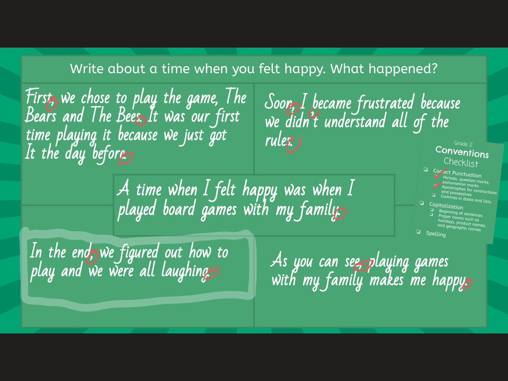So we have our transitional phrase, right? And then we have a subject, we, verb, figured or figured out, and then that's the predicate, how to play. And then we have our conjunction and then we have another subject, we, were is my verb, and then all laughing, we're all laughing is my predicate.